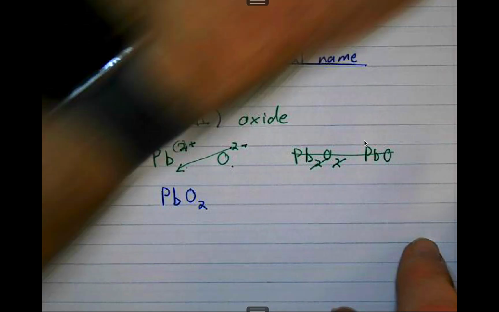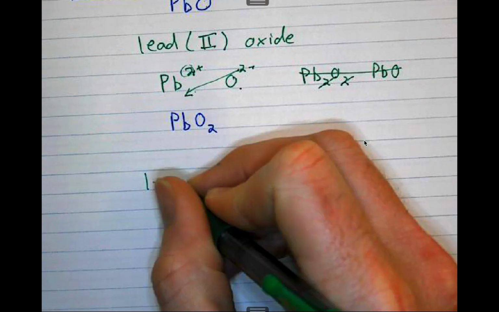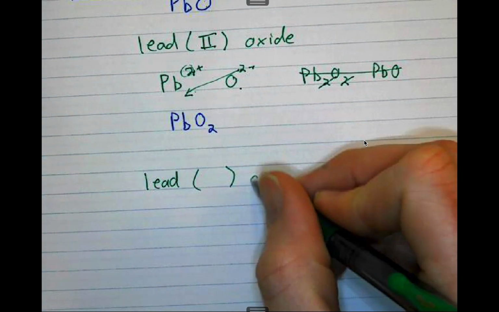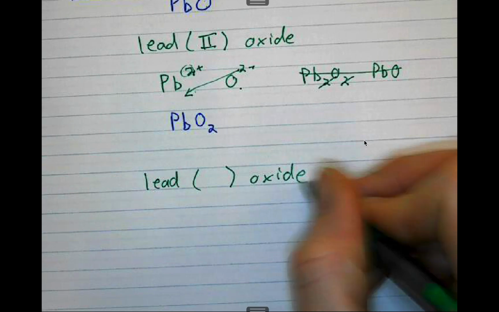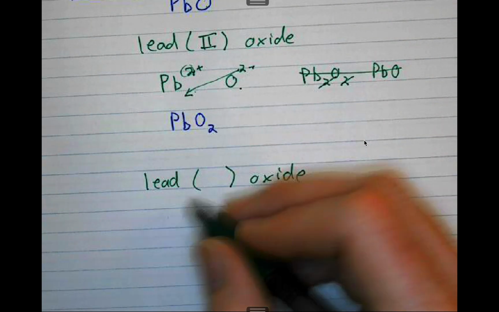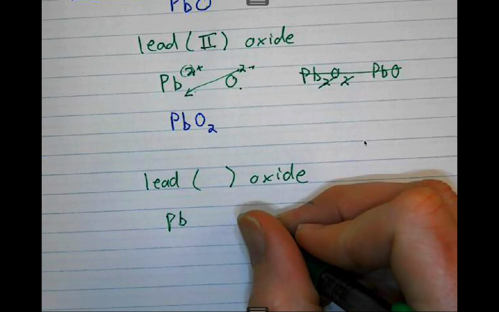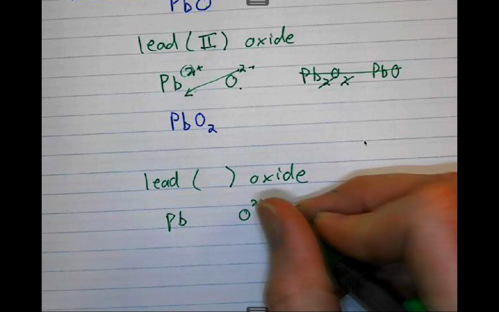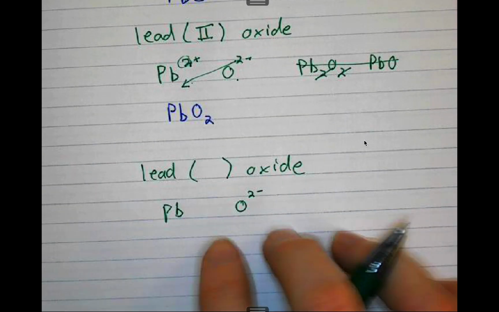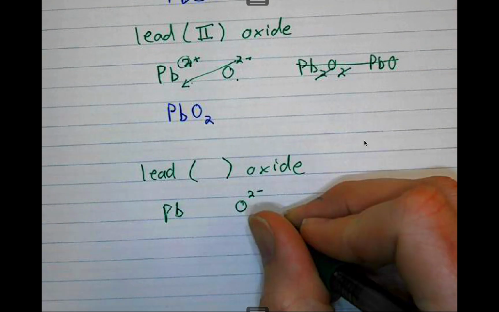Now, for this guy, another lead oxide. Lead is, again, Pb. So let's write Pb, and let's write O, and then oxygen had a 2 minus charge. So that means that we had a 2 minus charge, and there were 2 of them.